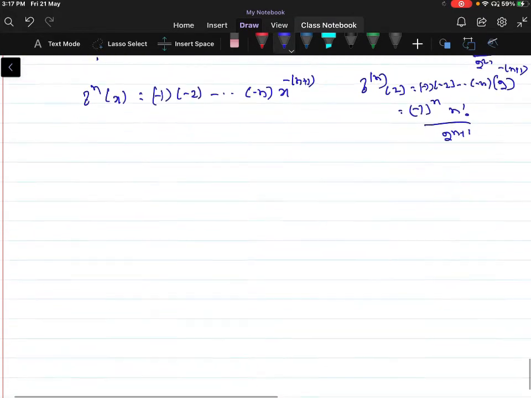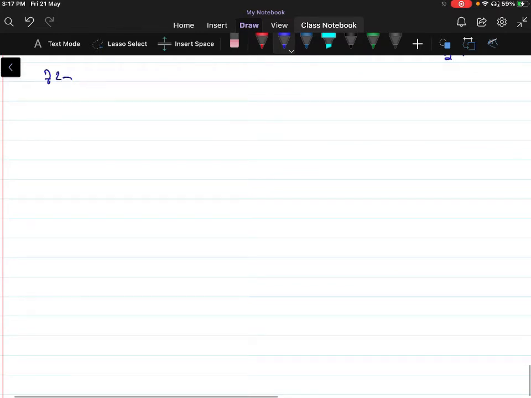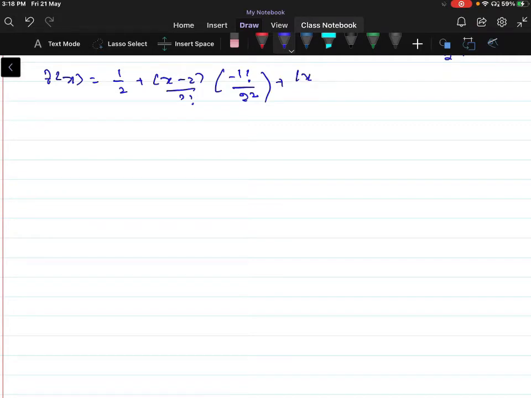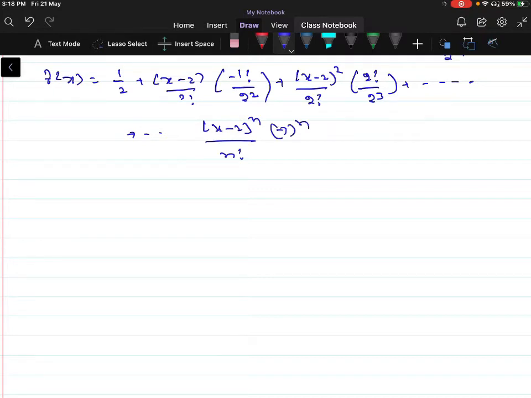We get f(x) = 1/2 + (x - 2)/1! times (-1!/2^2) + (x - 2)^2/2! times (2!/2^3) and so on, then (x - 2)^n/n! times the nth derivative of f at x = 2, which is (-1)^n n!/2^(n+1), and so on.